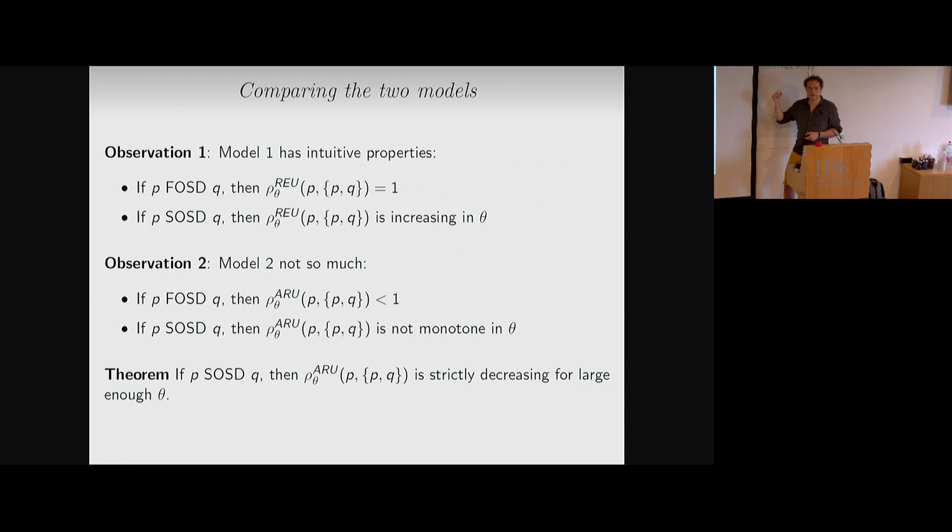So if I think of theta as my representative agent, I drive their risk aversion up, and the model behaves in the opposite way. The probability that the better lottery gets chosen goes down.